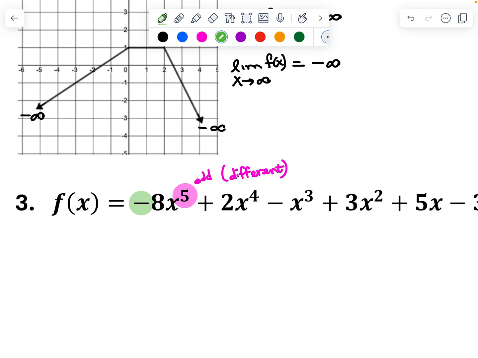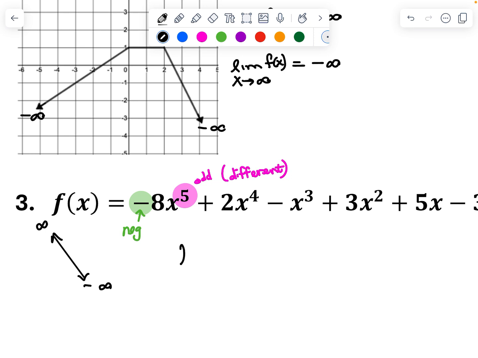And we have a negative in front. That means that this graph is going to take on a shape similar to this. So it's going to be going up on the left and down on the right.